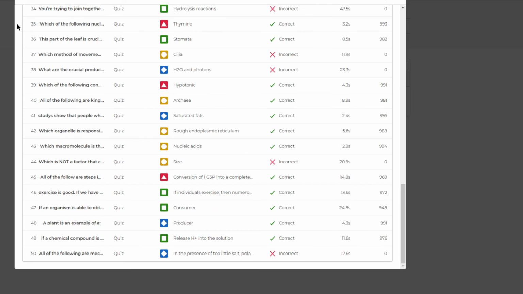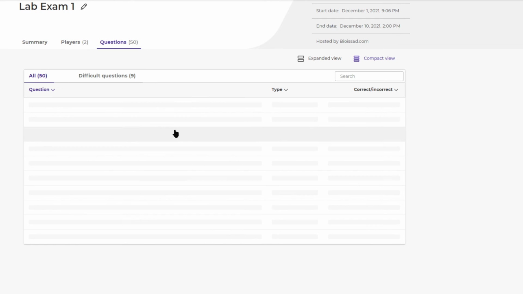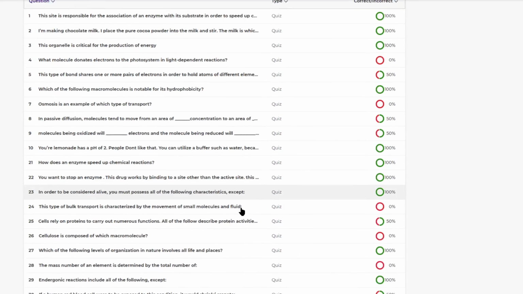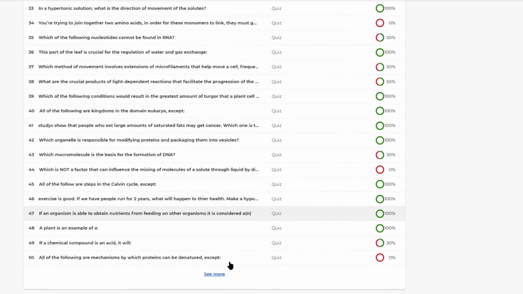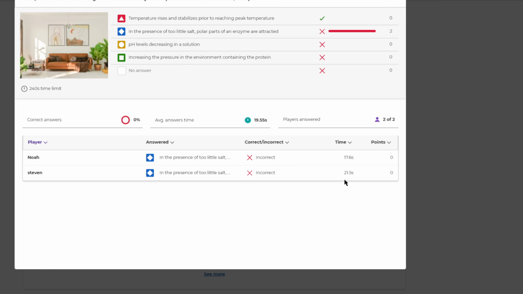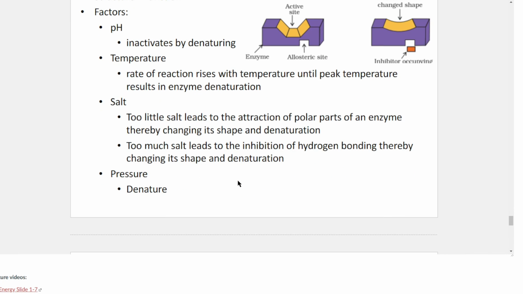The question was pretty sneaky. If we go to the very last one, you both got this wrong. It says prior to reaching peak temperature. So what else affects enzymes? Salt: too little salt. You both chose the salt option. Salt can alter enzymes, too much salt too, and pressure as well.